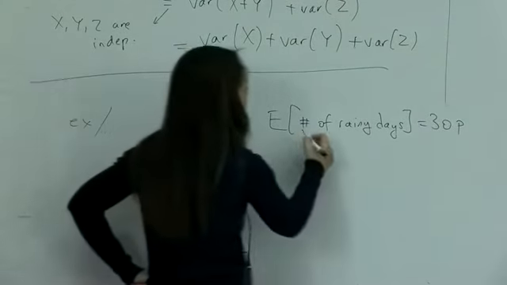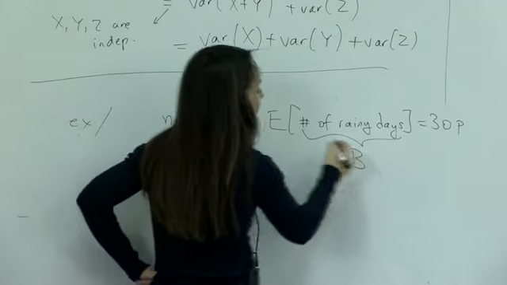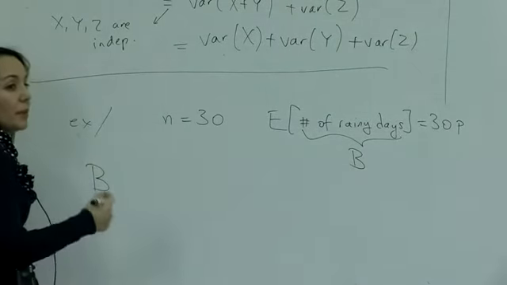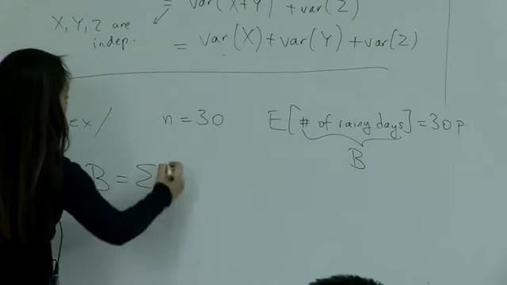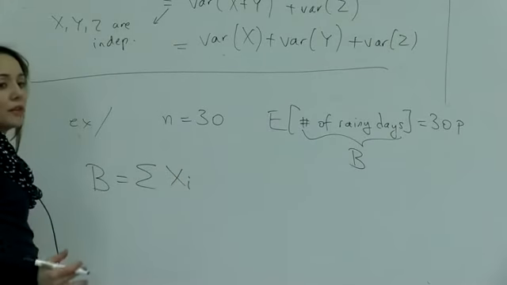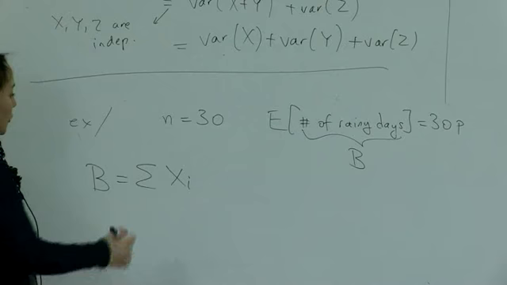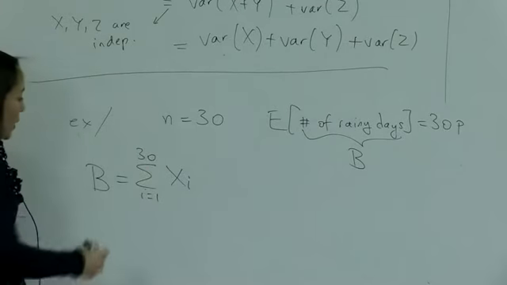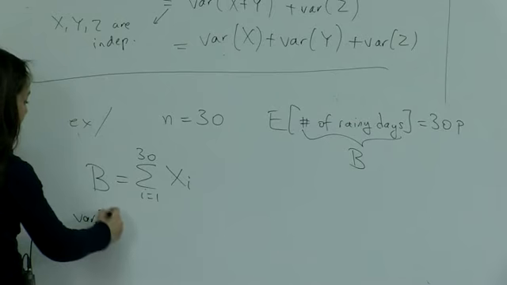Let's let the number of rainy days be b. Okay. Remember, b is a binomial. Each day it rains or not with probability p independently of every other day. I goes from 1 to 30. What is the variance of b?